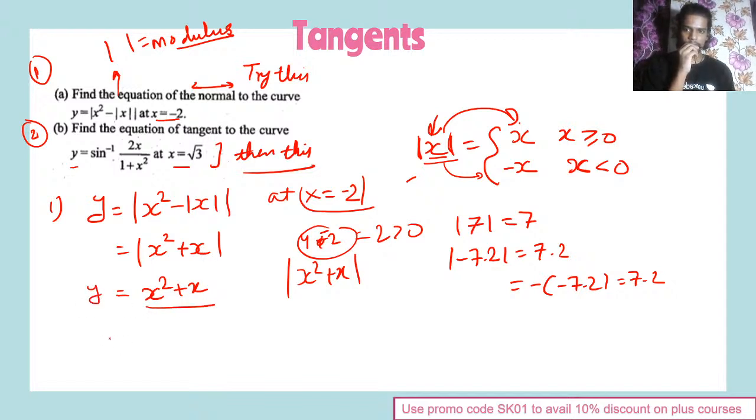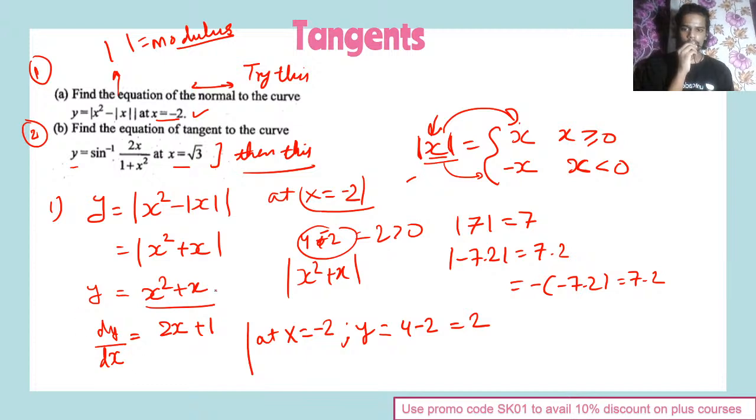Anyway, so we have y. Now let us calculate dy by dx, which is the slope of the tangent. It would be 2x plus 1. Now we have a point, x equal to minus 2. At x equal to minus 2, y is equal to 4 minus 2, which is 2.